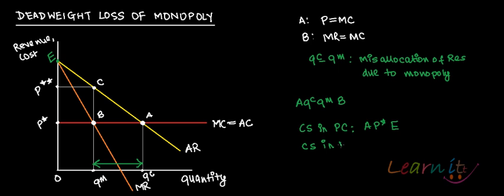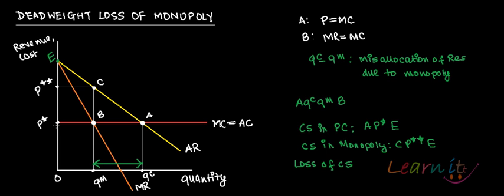Consumer surplus in case of monopoly is given by C P double star E. So, what is the total loss of consumer surplus?